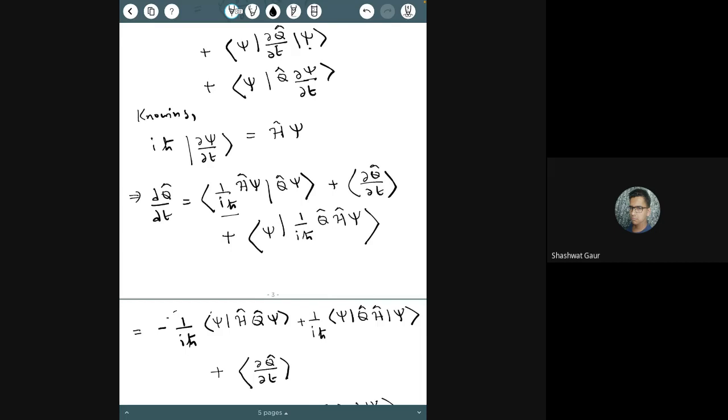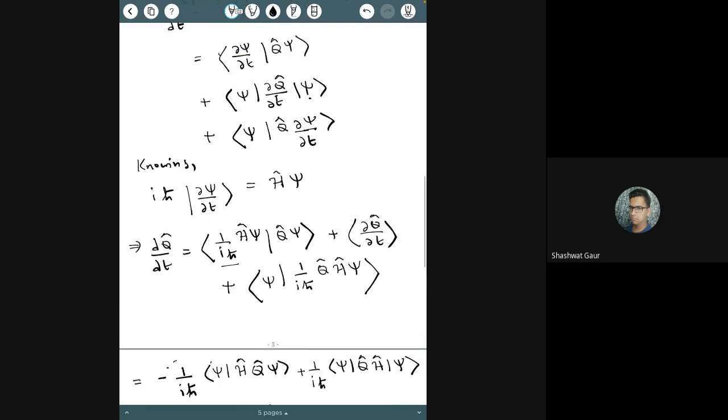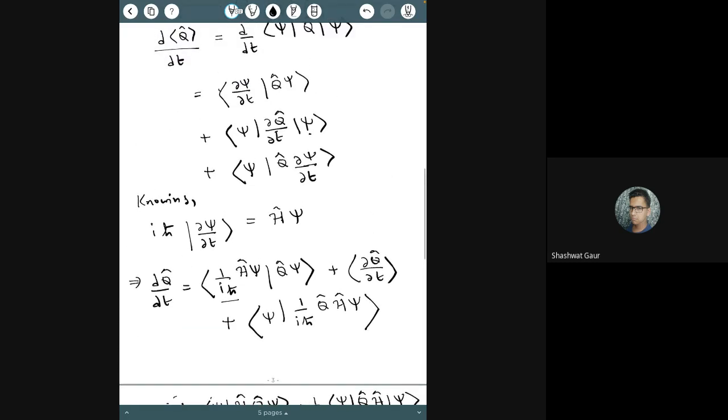Maybe dQ/dt is like this. And then I used the fact that ∂ψ/∂t is equal to 1 by iħ Hψ. So this one, I converted to this one using this relation.